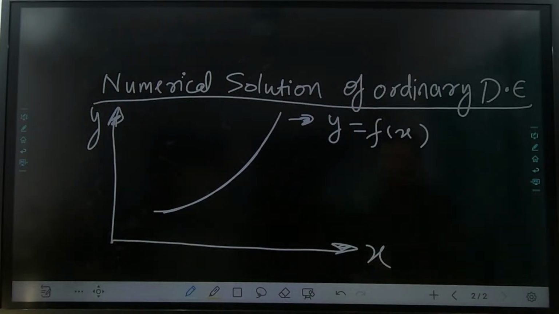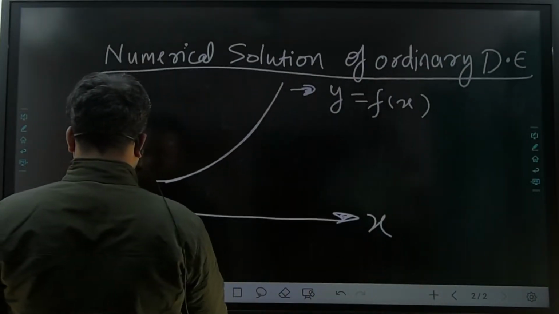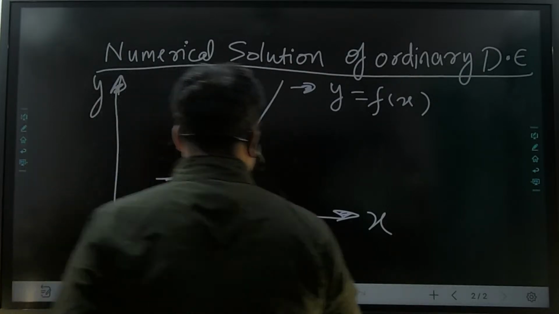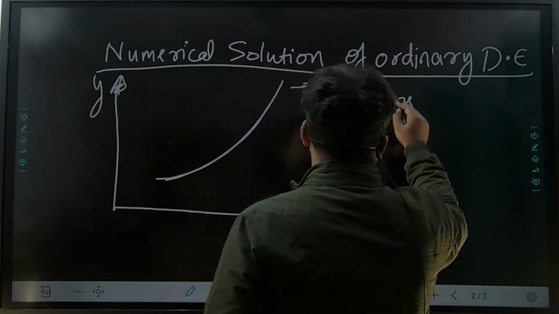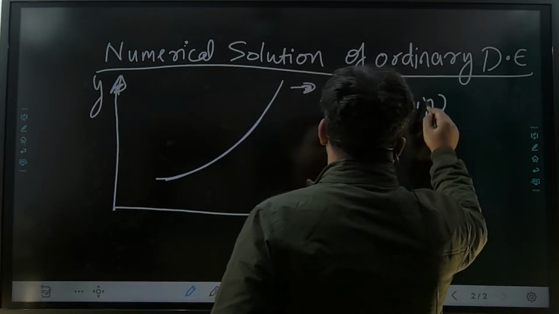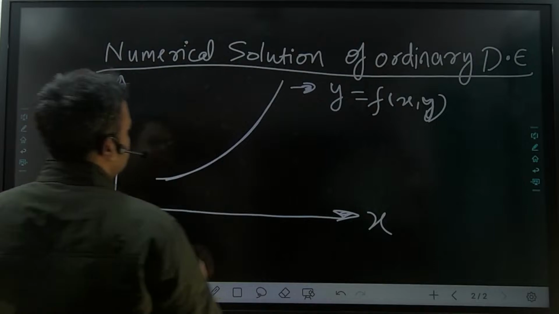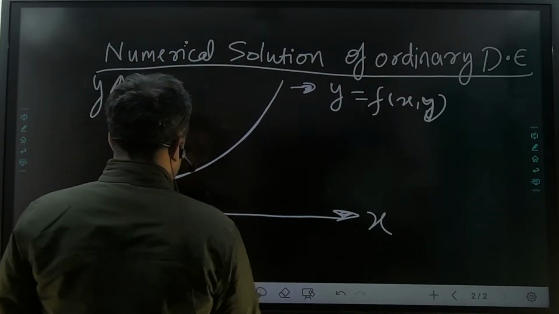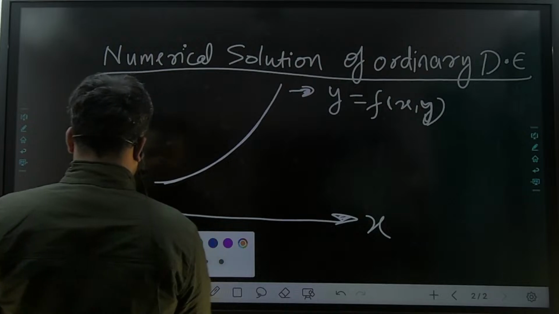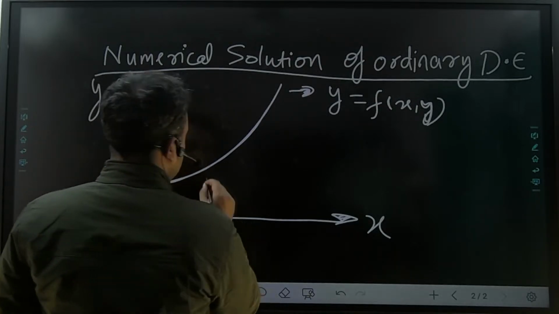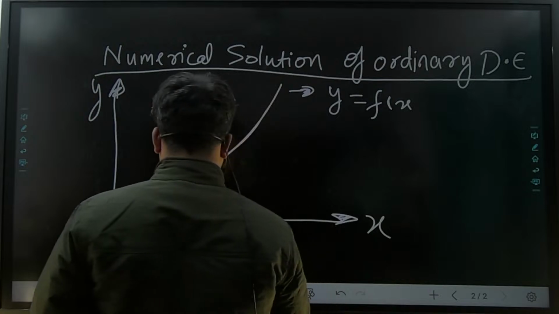Now you see, it can have a solution in terms of y also, right? So some function is coming. Now we're going to see how to find a solution. So let's say there is a point over here, dy by dx, some like this.